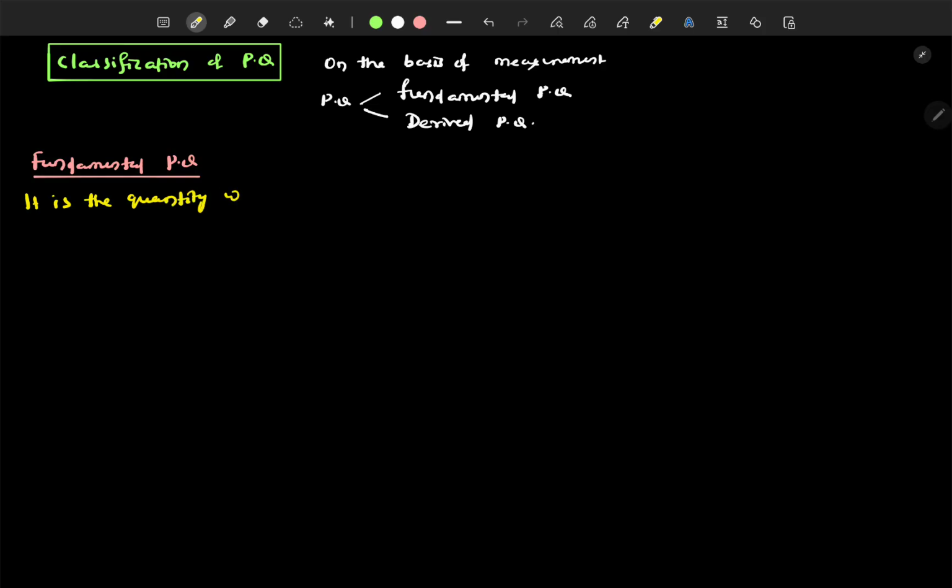It is the quantity which is defined on the basis of a specific procedure and measurement.